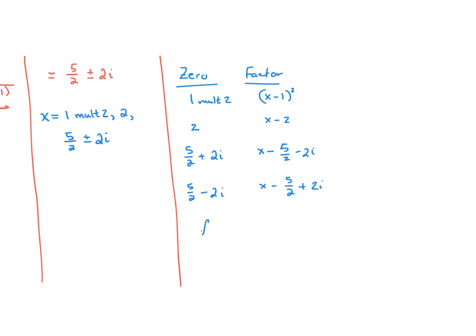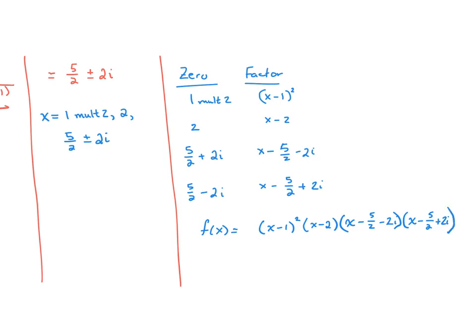So f of x will equal the product of those factors: x minus 1, quantity squared, x minus 2, x minus 5 halves minus 2i, and then x minus 5 halves plus 2i.